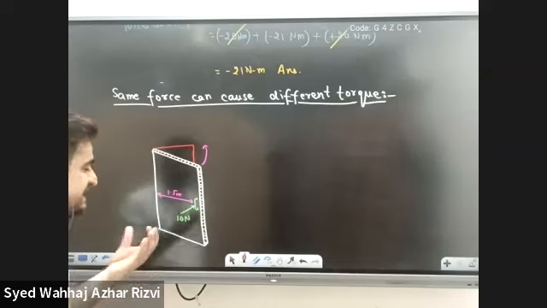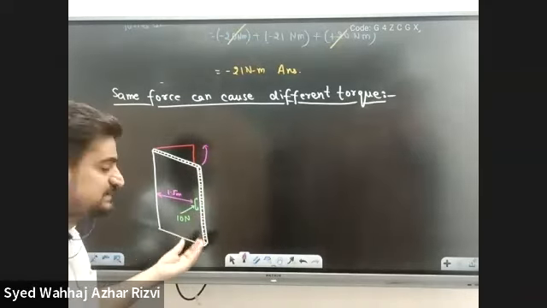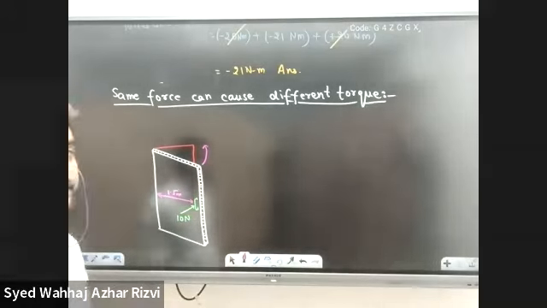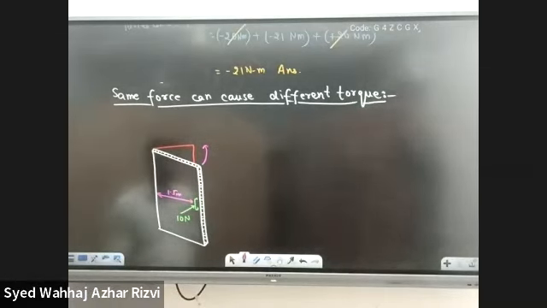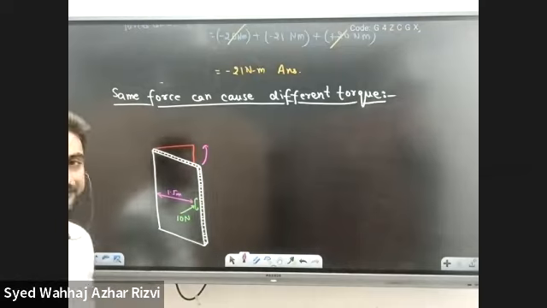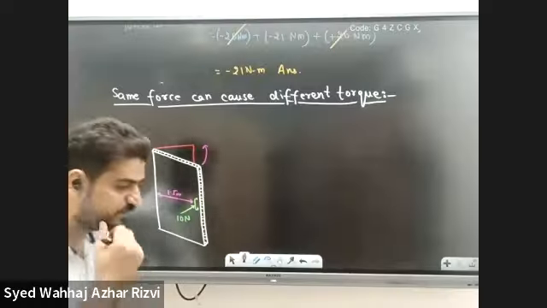It would close. So can you tell me what would be the turning effect of this 10 Newton force here? It's anti-clockwise, so is it negative or positive? It's going to be positive.